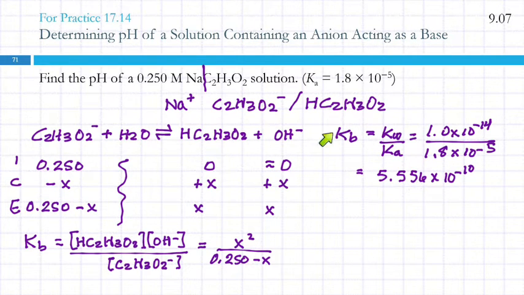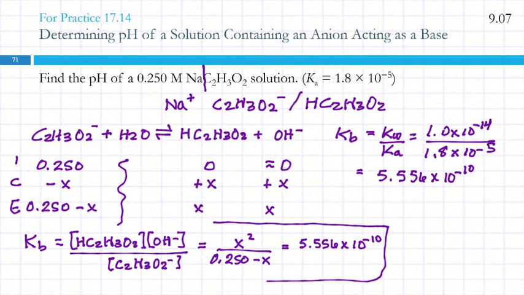Kb times Ka equals 1 times 10 to the minus 14. So now we have a numerical value for this guy. And so this is our equation that we're going to solve for x. Again, I'm going to use the solver.